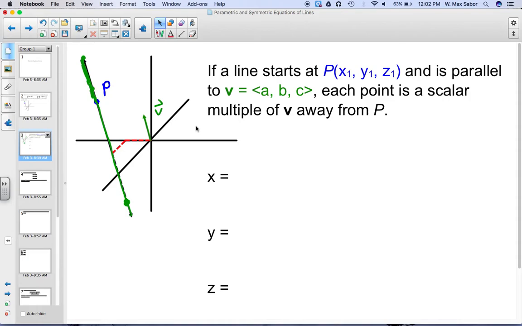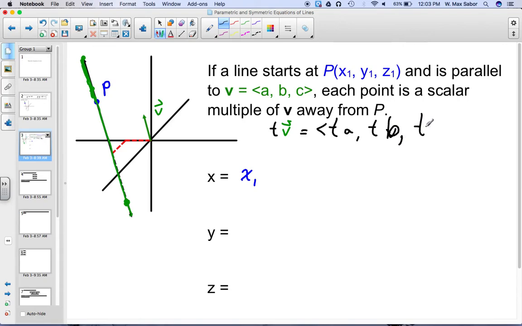Well, the x-coordinates start at x1, and then it's some multiple of v away. So when we multiply it by t, we get t times vector v, and that's going to be ta, tb, and tc.